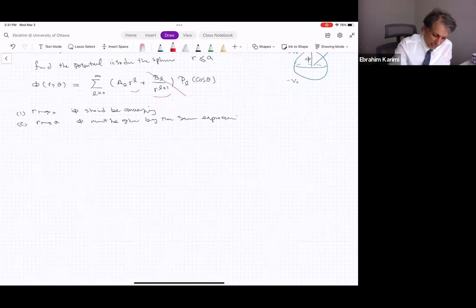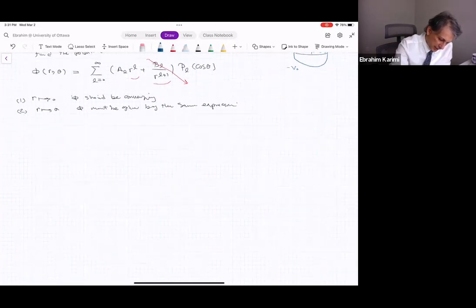Therefore, BL should be equal to 0. Using the first condition, we reduce the form of potential to the summation of L equal to 0 to infinity of AL R to the power of L PL of cosine of theta.